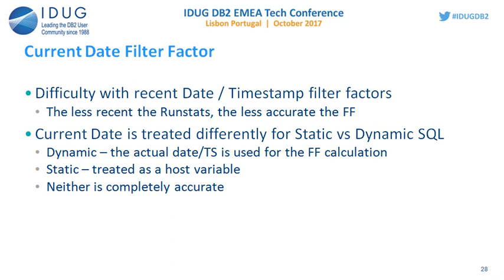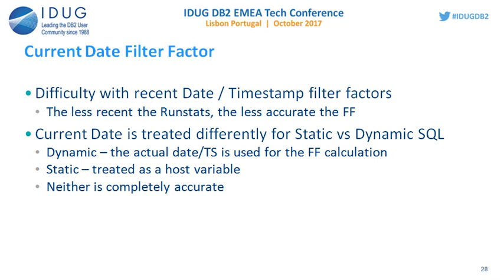Current date is also tricky because it's treated differently for static and dynamic SQL. For dynamic SQL, the actual date or timestamp, for current timestamp, is what's used for the filter factor calculation. But for static SQL, it's treated as a host variable.